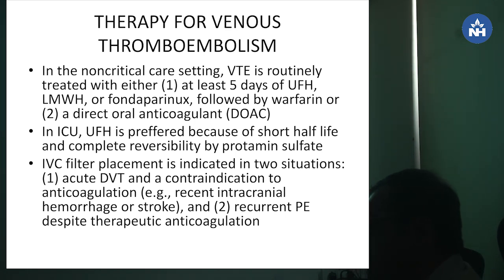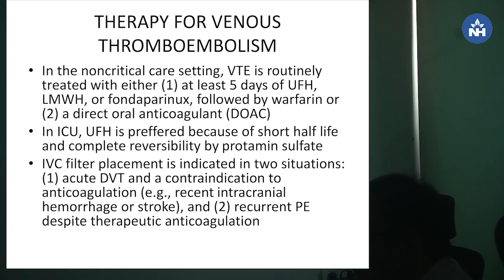Therapy for venous thromboembolism. In a non-critical care setting, VTE is routinely treated with at least 5 days of unfractionated heparin, low molecular weight heparin or fondaparinux, followed by warfarin or a direct oral anticoagulant. In ICU, we usually prefer unfractionated heparin because of its short half-life and complete reversibility by protamine sulfate.